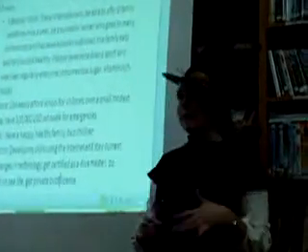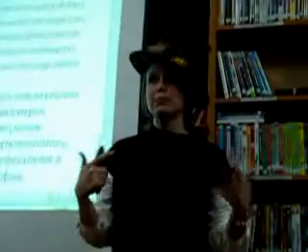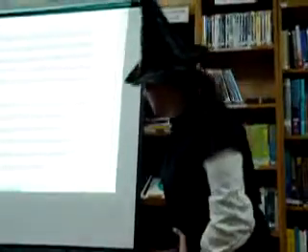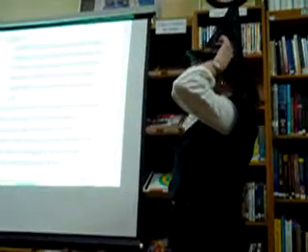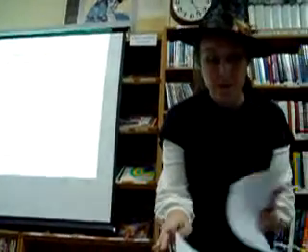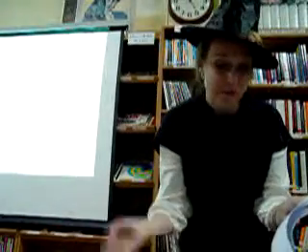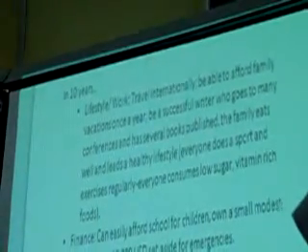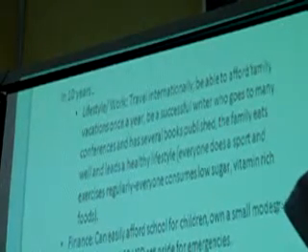So this is an example of what a 10-year plan might look like. Do I have all of them? I do. Okay, so in 10 years, forgive me, I don't have this memorized, so I'm just going to read for you. Lifestyle. So it's travel internationally, be able to afford family vacations once a year, be a successful writer who goes to many conferences and has several books published.